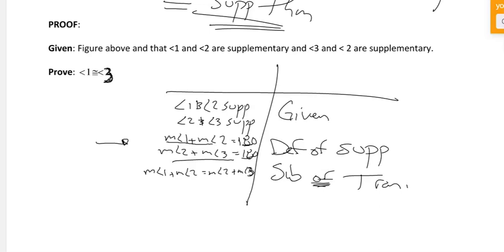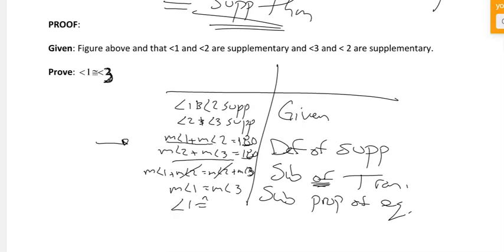Okay, what can I do? I can subtract that away on the left as long as I subtract it away on the right. So measure of angle 1 equals measure of angle 3. Subtraction property of equality. And lastly, angle 1 must be congruent to angle 3. Definition of congruence.